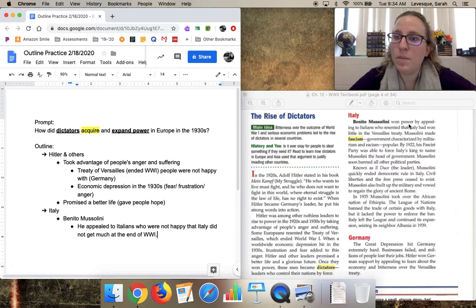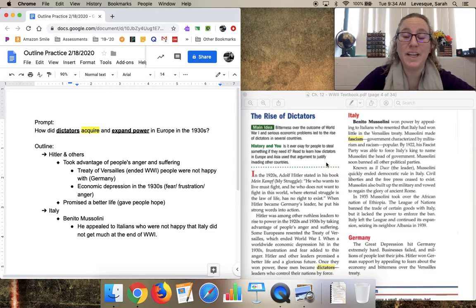Benito Mussolini won power by appealing to Italians who resented that Italy had won little in the Versailles Treaty. I took that and I just put it in my own words. And that's really important when taking notes. If you take the information and immediately move it into your own words, it'll save you from possibly plagiarizing information. So he appealed to Italians who were not happy that Italy did not get much at the end of World War I. Perfect.